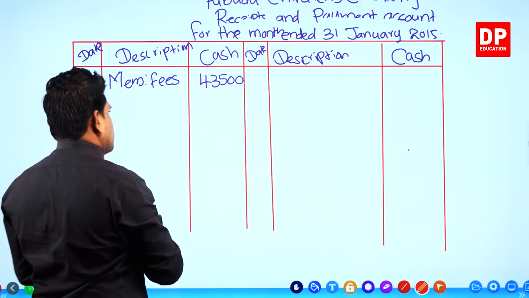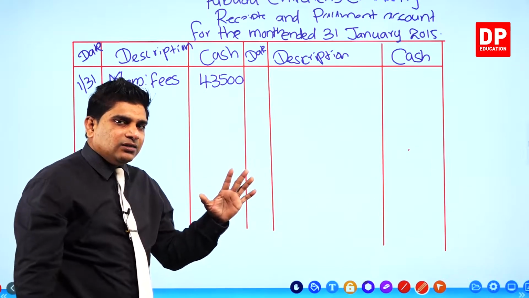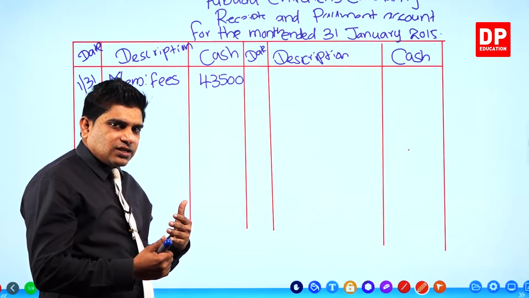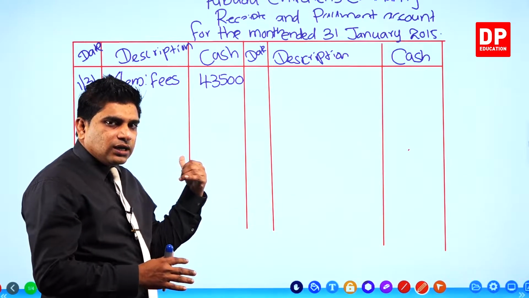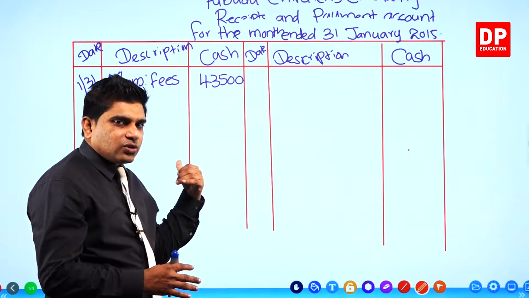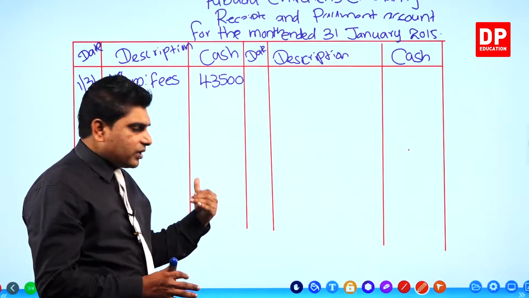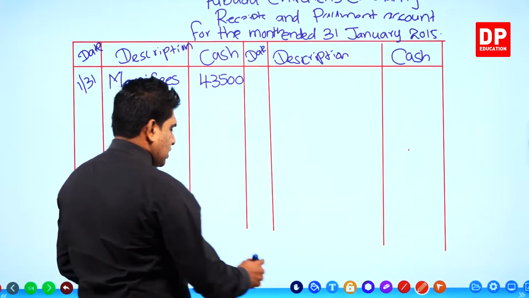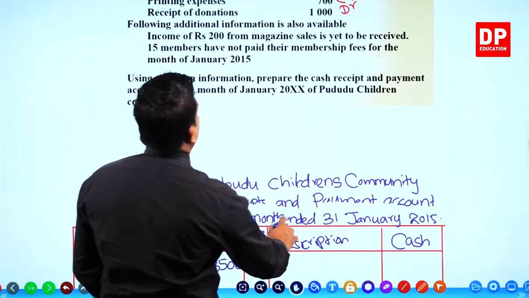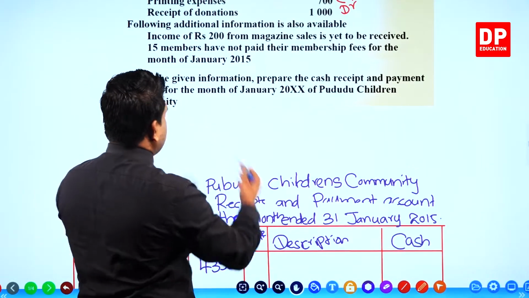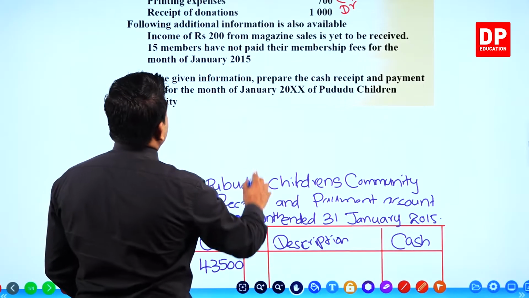They have not provided dates for the transactions, so we do this one for the month ended. So you enter the date as month end, January 31st. Now, is there any other additional information? No, they have given only this.